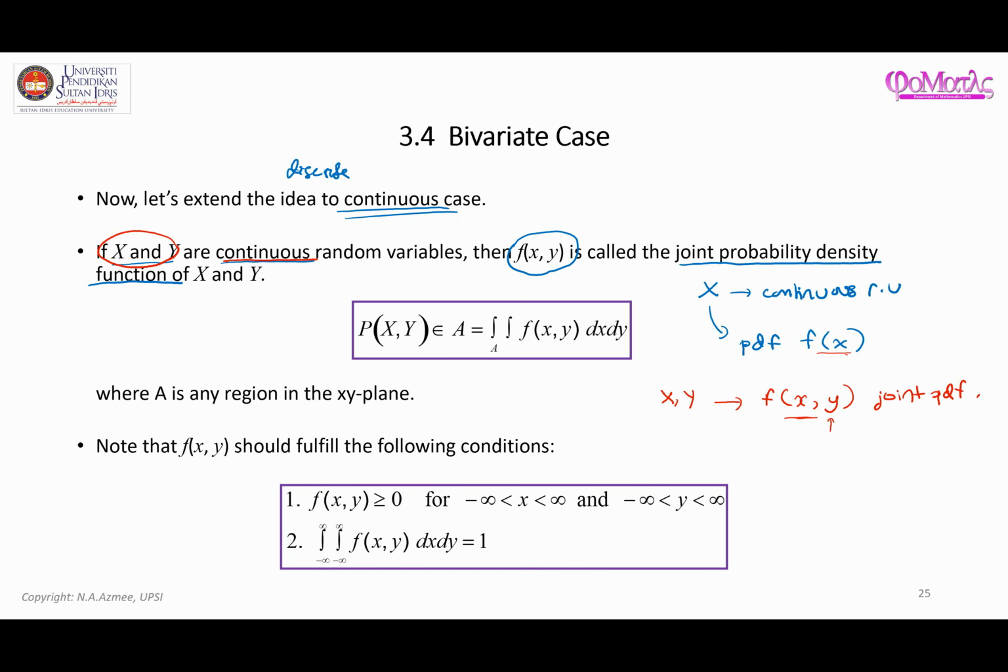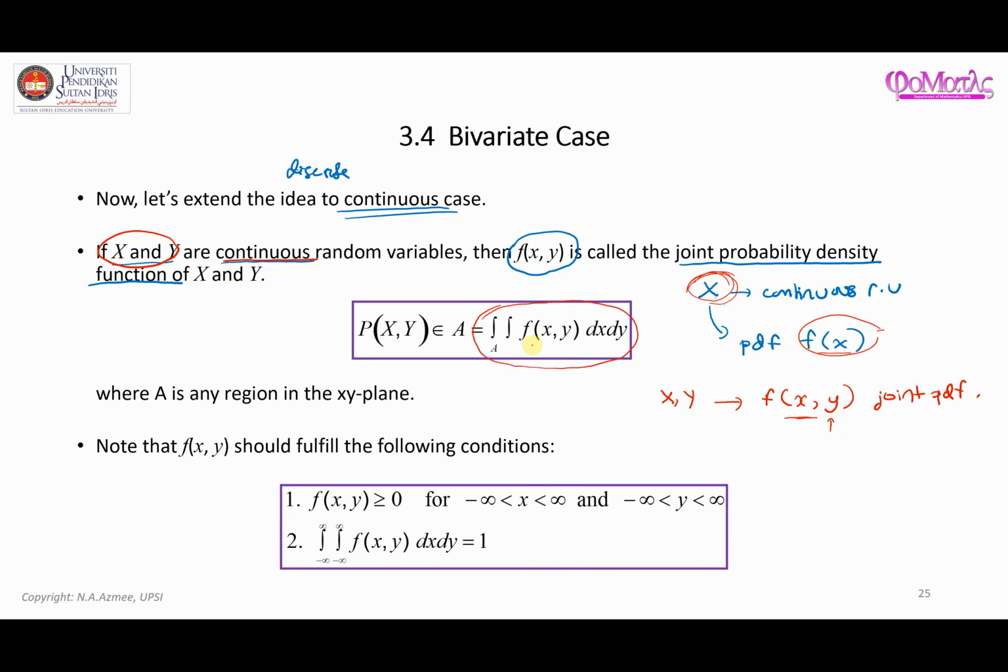Because of that, we are going to deal with a double integral. In the case of one single variable, we only have to integrate the function once, so there is one integration process going on. But here we are dealing with a double integral.